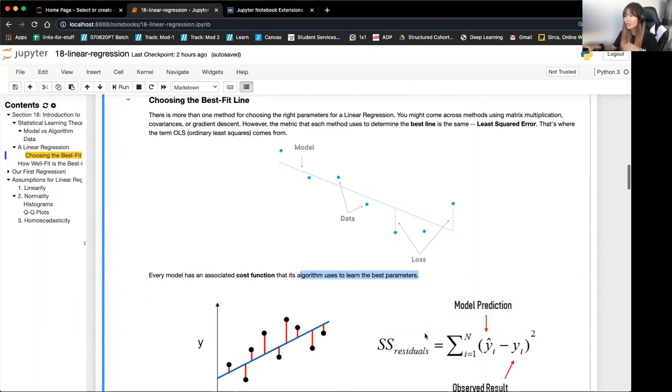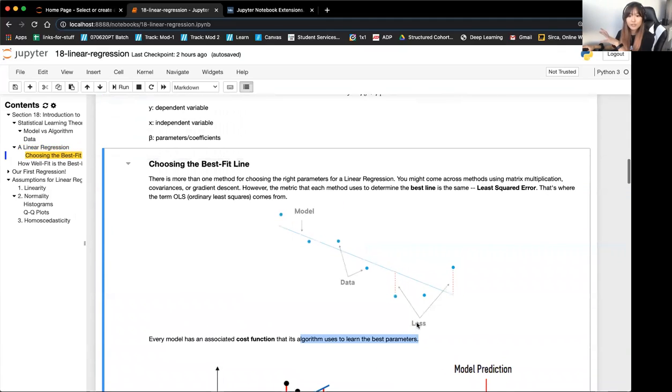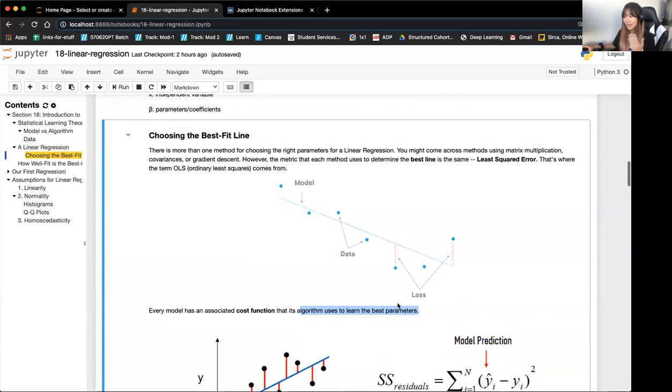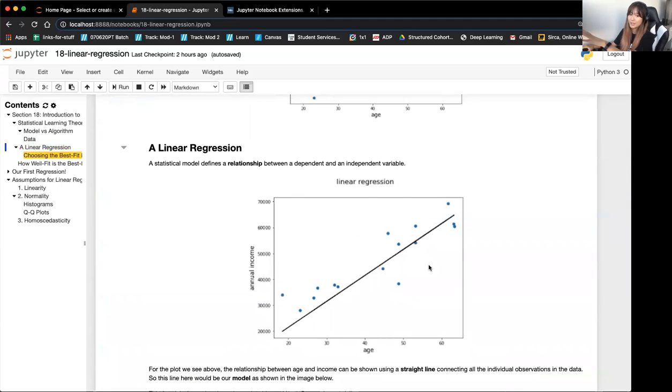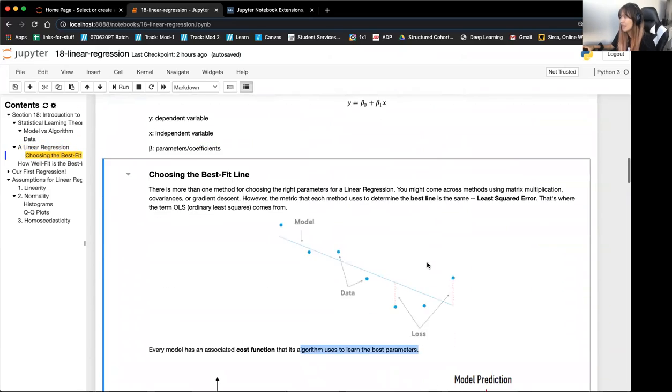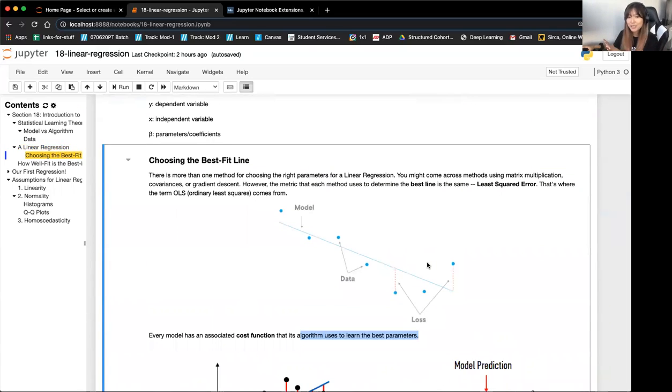For a linear regression, the algorithm uses a cost function to determine the best betas, the best intercept and slope for this data. The cost function used here is least squares, called the least squared error.